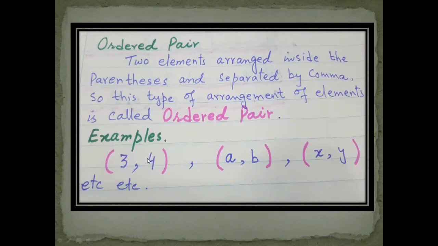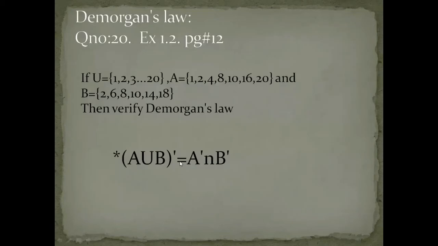Another example, (a, b): this is its x component, this is its y component. Another example, (x, y). Within the parenthesis, we use a comma to separate the elements.